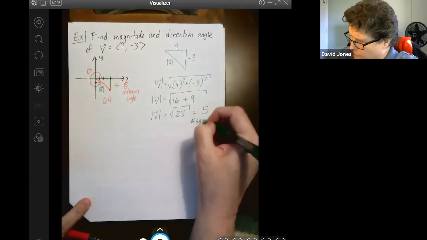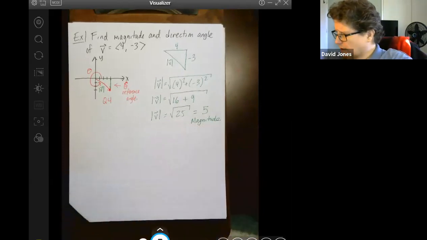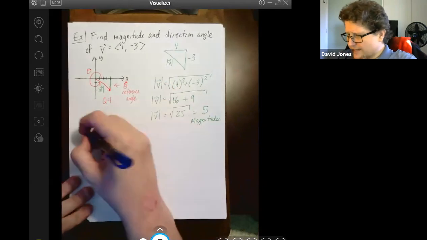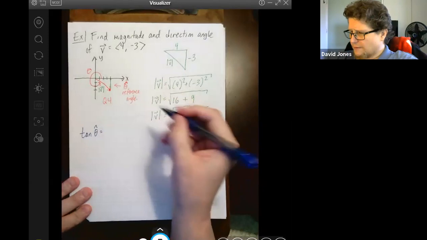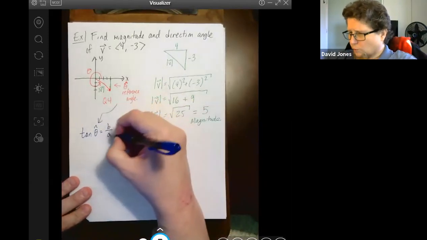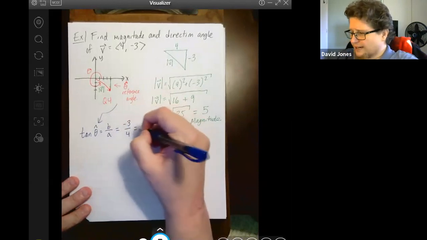That was the first question. They want to know what theta is. So for theta hat, we have the tangent of theta hat. Remember, our reference angle is B over A, our y coordinate over our x coordinate, -3 over 4, which is -0.75.